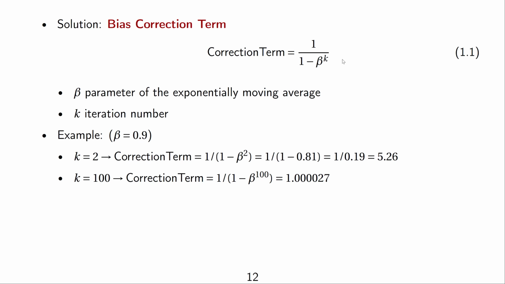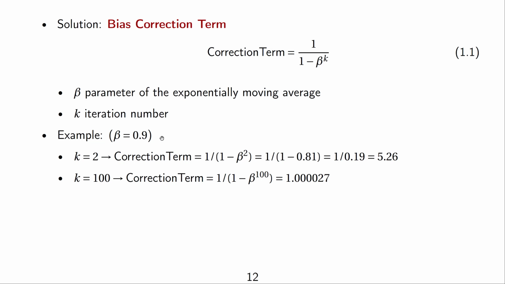With the application of high school mathematics, we can figure out this correction term that is equal to 1 divided by 1 minus beta to the power of k, where beta is the parameter of the exponentially moving average, 0.9 in our main example, and k is the iteration number or the timestamp.